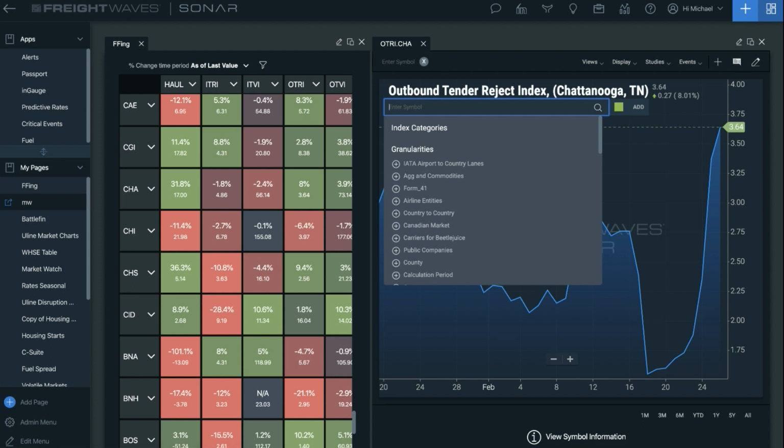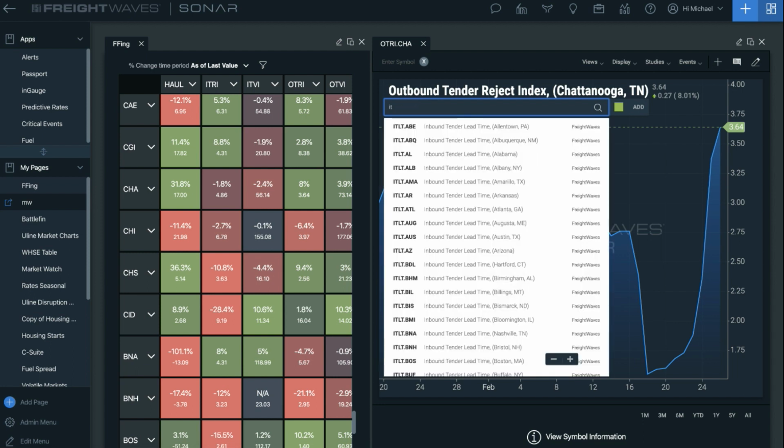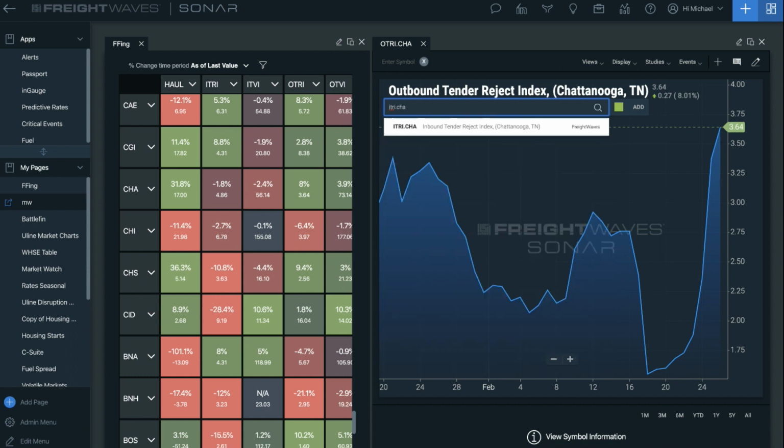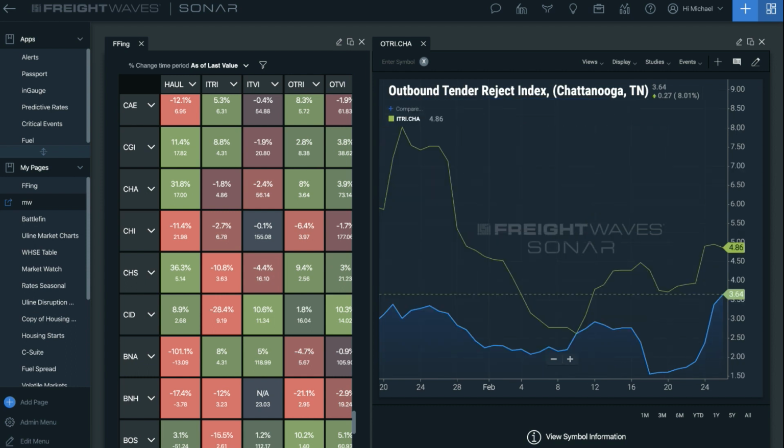If you look at the inbound tender rejects on top of this, you can see that inbound tender rejects were rising, pulled this north, dropped the inbound tender rejects as more inbound was coming in there, but then started to spike, which caused this to pull up.